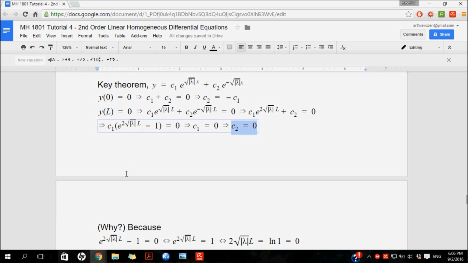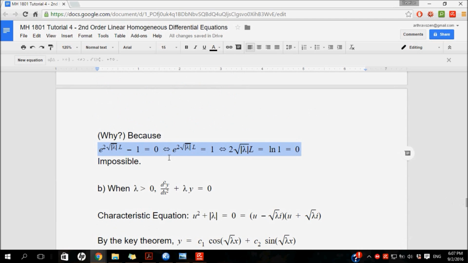Let us assume that this other term, e to this power minus 1 equals to 0. This is true if and only if I have the exponential equals to 1.